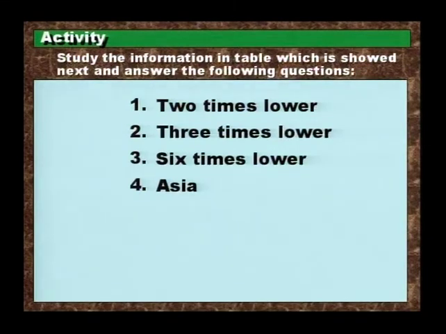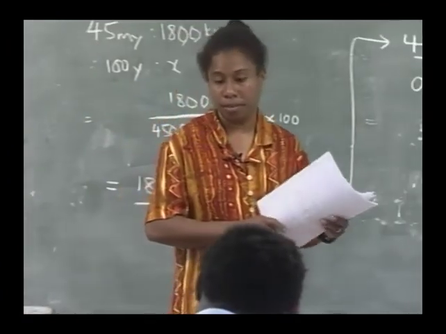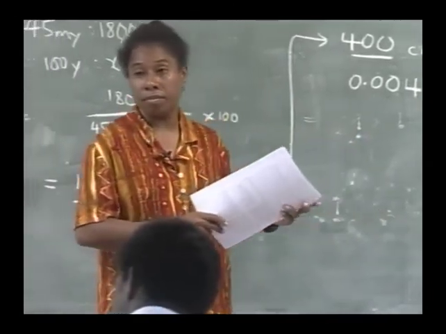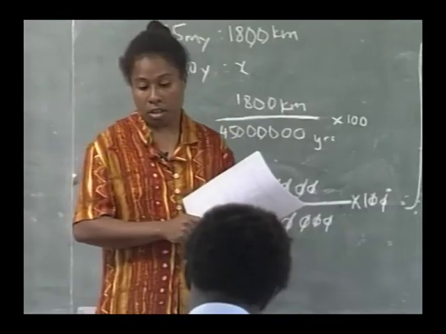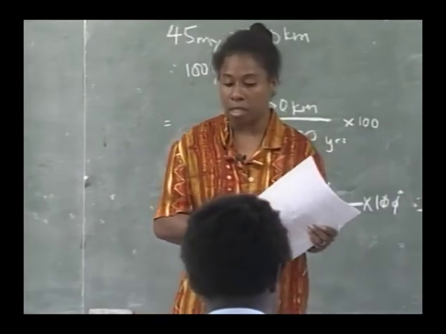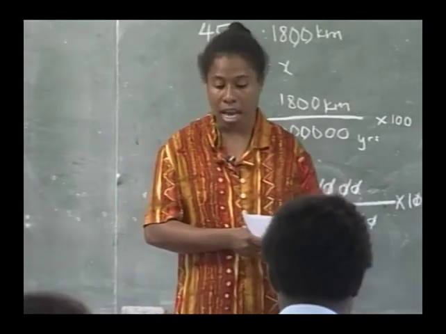Shelley, number 5. Which continent has the lowest highest point? The Australian continent. Good. The Australian continent is correct. Question 6. Which continent has its highest point approximately 3 times the height of Australia's highest point?